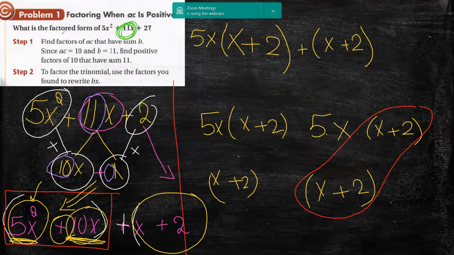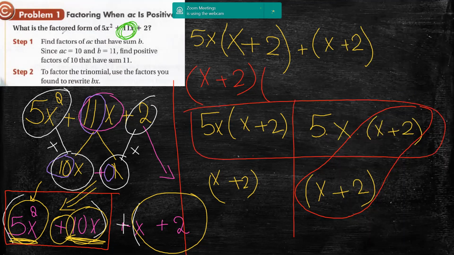Here we wrote 5x times x plus 2 plus x plus 2. These two monomials now, write them down. Find the common factor for them. It was x plus 2. Then write x plus 2 here, times. Look at the first one here.